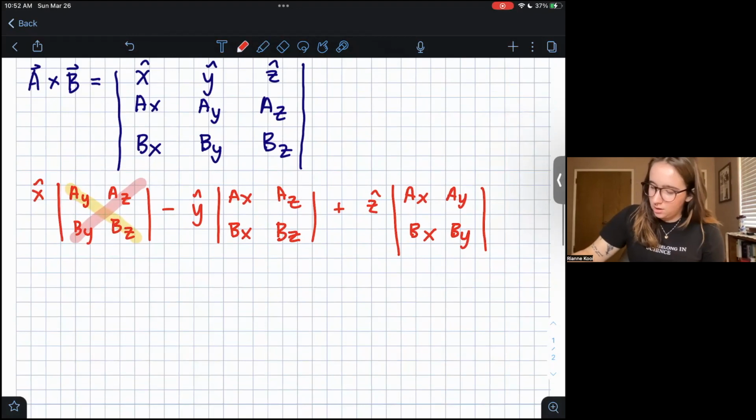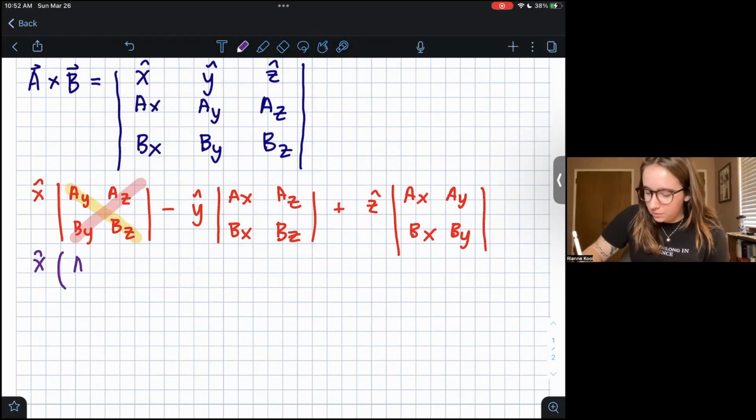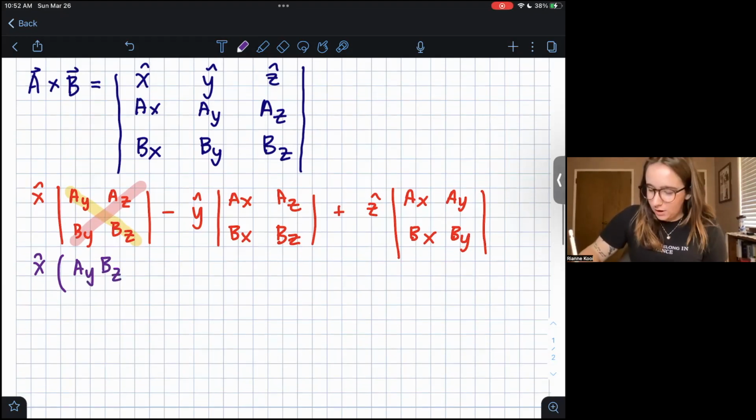So you would get X hat, and then you do the first diagonal, we call it the main diagonal. So you have AY and BZ subtracted from BY and AZ.